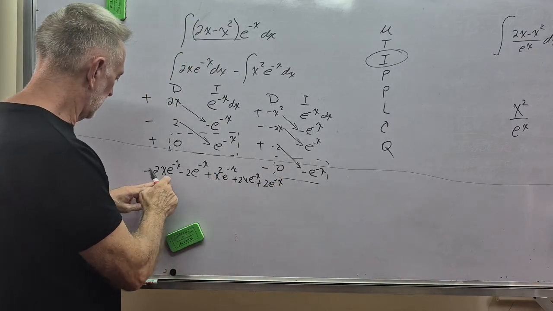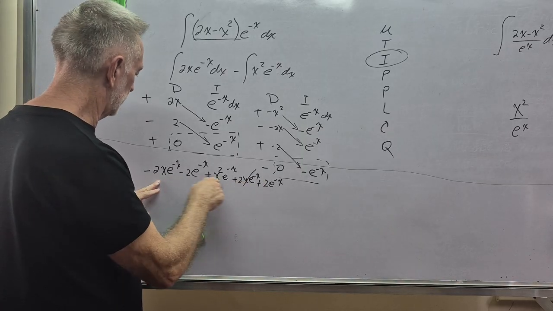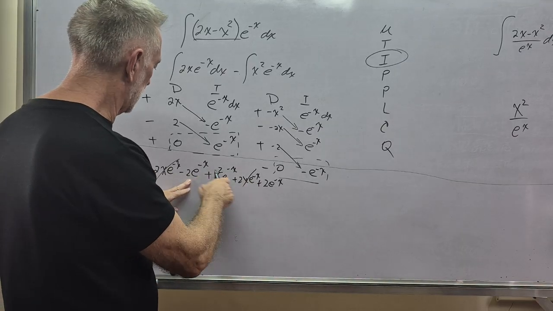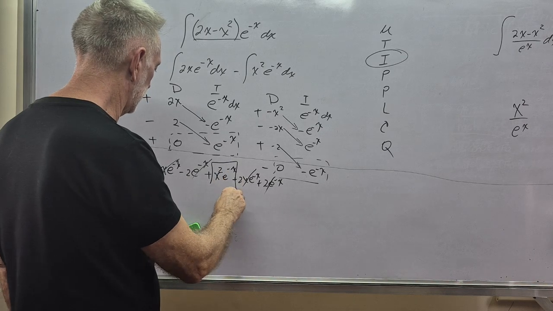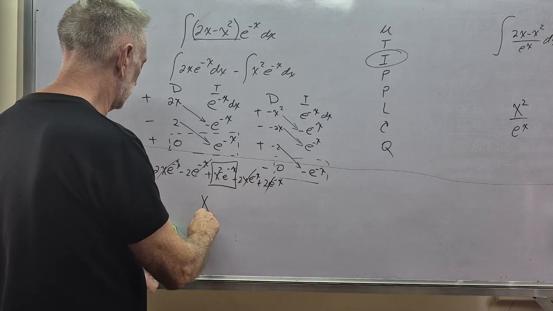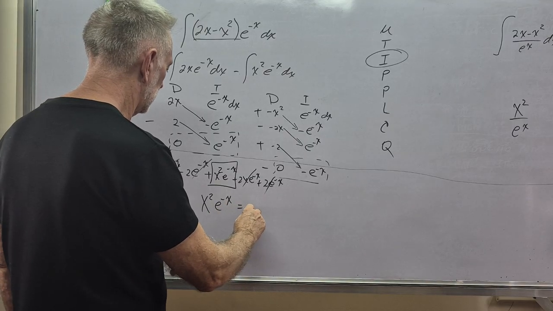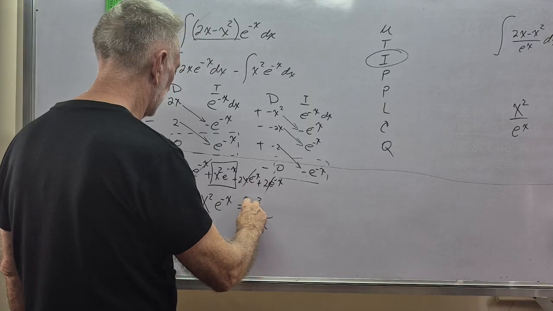Okay, so I now have a negative 2x e to the minus x and a positive 2x e to the minus x, a negative 2e to the minus x and a positive, and I'm left with x squared e to the minus x, or that's x squared over e to the x.